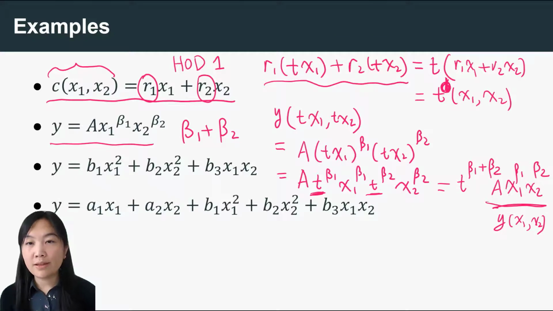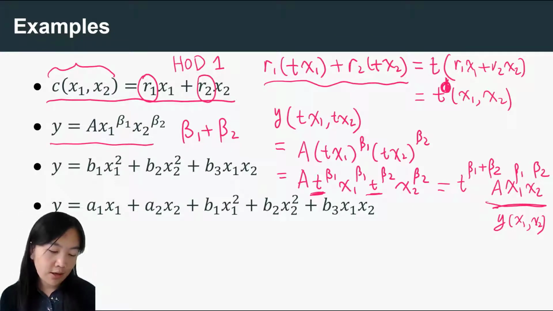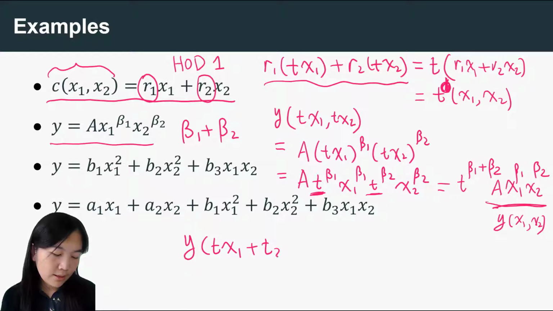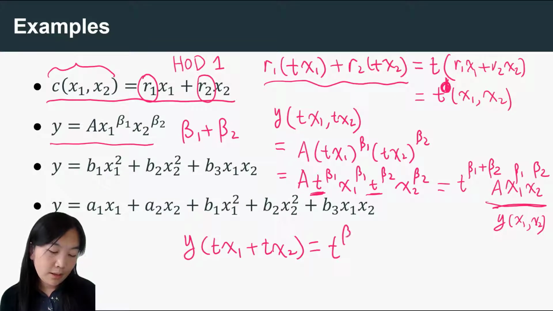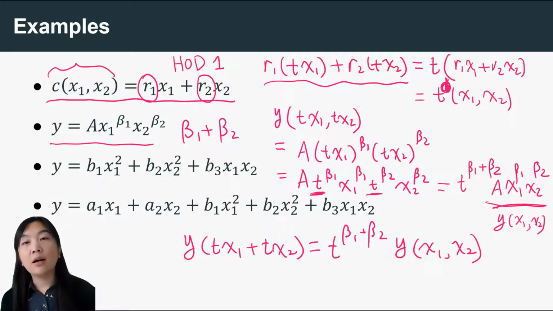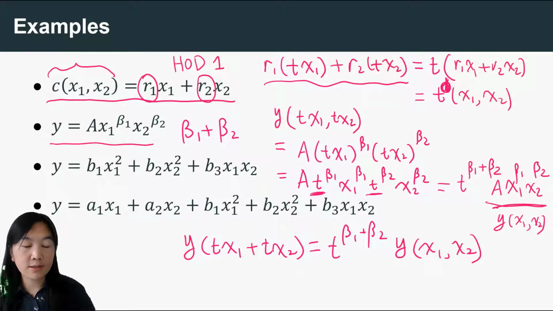Let me write this down so that it's clearer how you can tell the degree. We have y of t x1 and t x2 equal to t to the beta 1 plus beta 2, and then we have our original function, where the inputs are just x1 and x2.